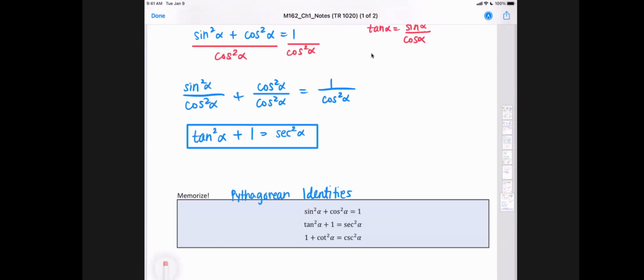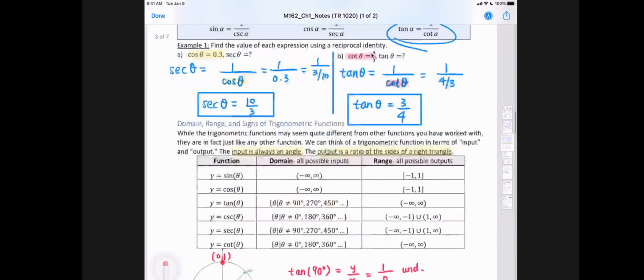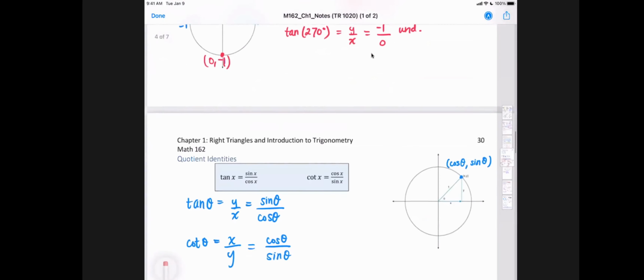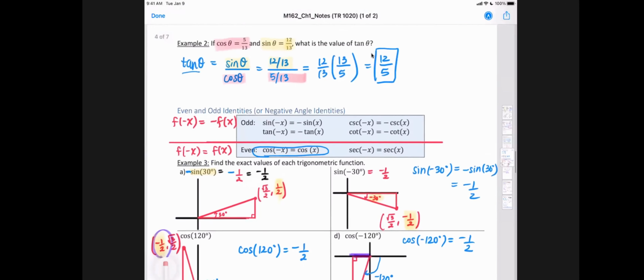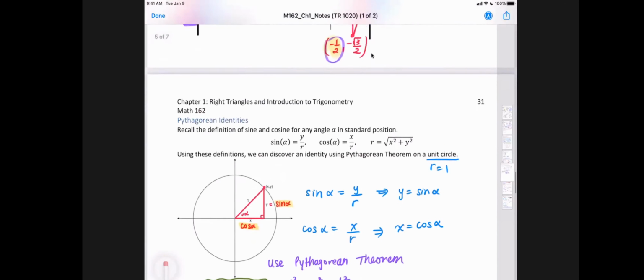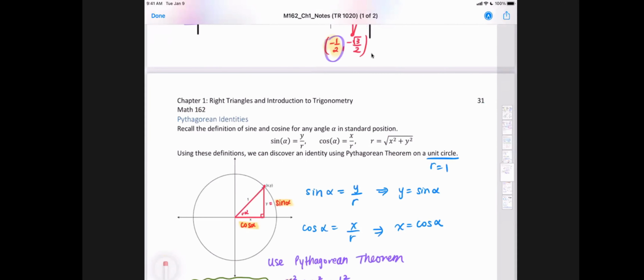So in this class, you can already see that in this section we introduced a lot of different kinds of identities. There were the reciprocal identities, the even and odd or negative identities, and the quotient identities. So here's the reciprocal, here's the quotient, even and odd, and now this one, and later in chapter 3 we're going to add on a ton more.